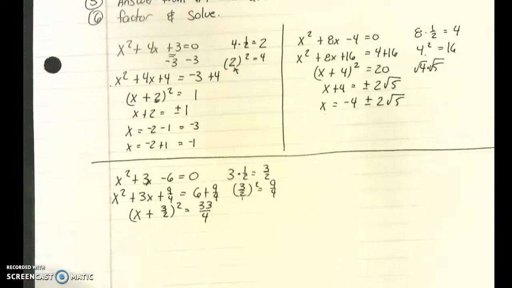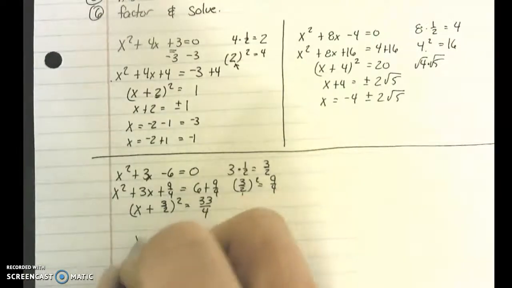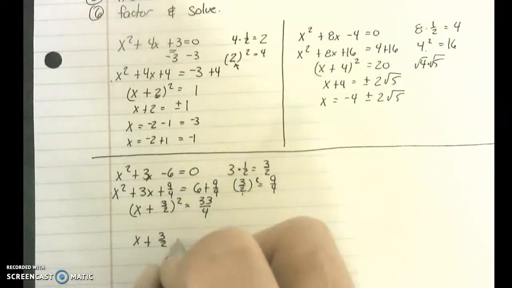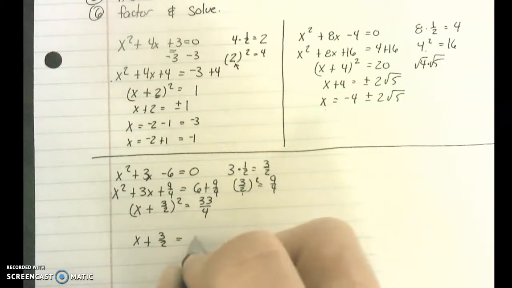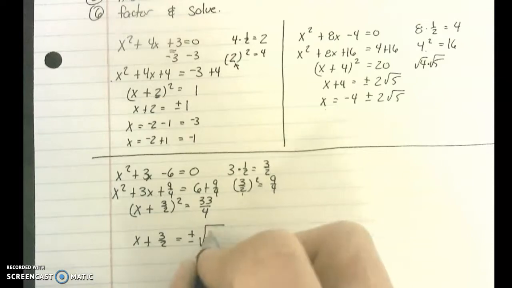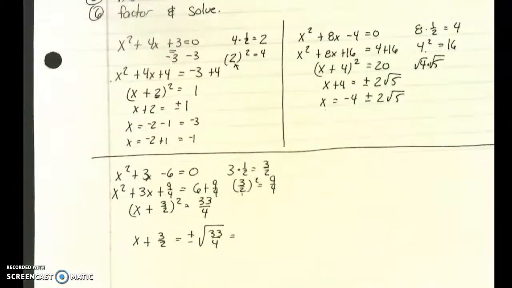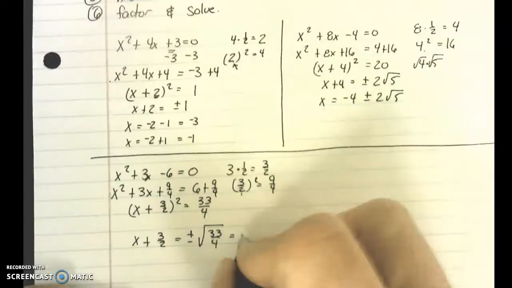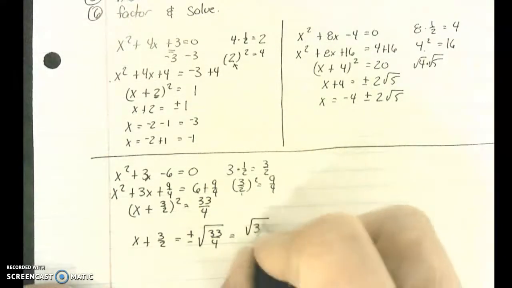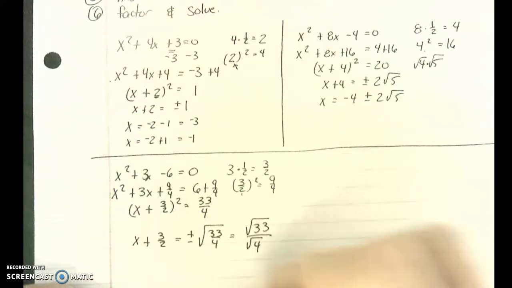Okay, and then I take the square root. So I get x plus 3 halves is equal to plus or minus the square root of 33/4. Now I'm going to review a little bit real quick on this one right here. I can break this down so that I have the square root of 33 over the square root of 4.